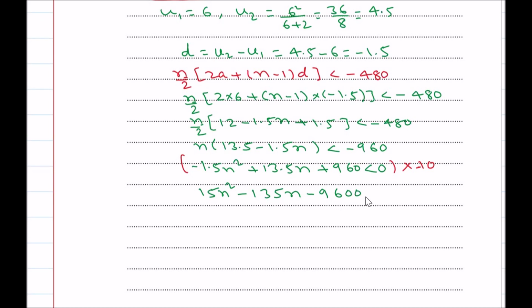I wrote all the signs opposite because I have multiplied with negative 10, less than 0. So that becomes greater than 0. When you multiply an inequality by a negative value, we need to flip the inequality sign. Now we can divide all the terms by 15.